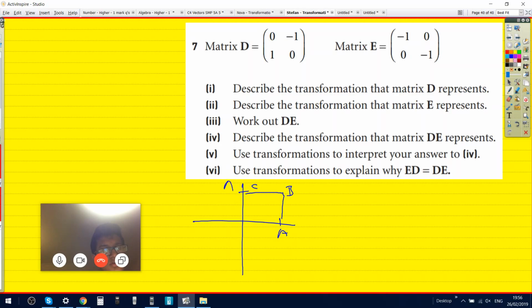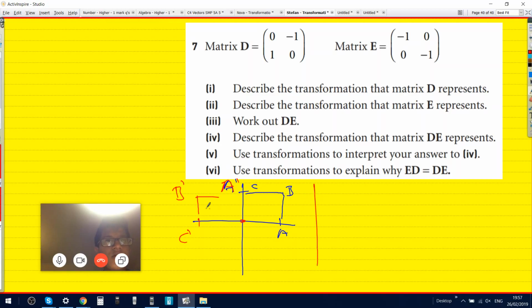So now A dash is up there. Minus 1, 0. So that's C dash. And that's B dash. So I think the matrix D is a rotation anti-clockwise by 90 degrees about the origin. Yes, so that's rotation 90 degrees anti-clockwise about O.